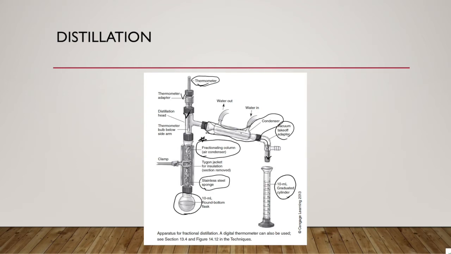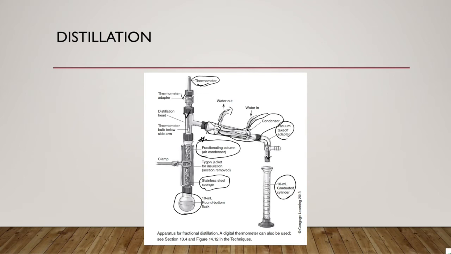Now in this water cooling condenser, the water goes in, runs inside the condenser, and then comes out. Sometimes students ask how this is possible. Well, it's because it's a double wall. The water is only running on the outside of the actual inner part.